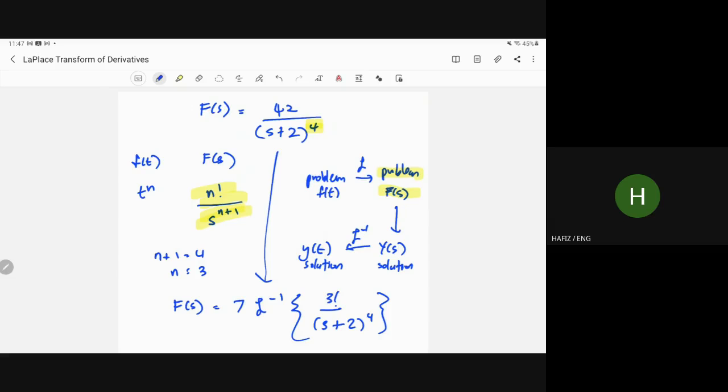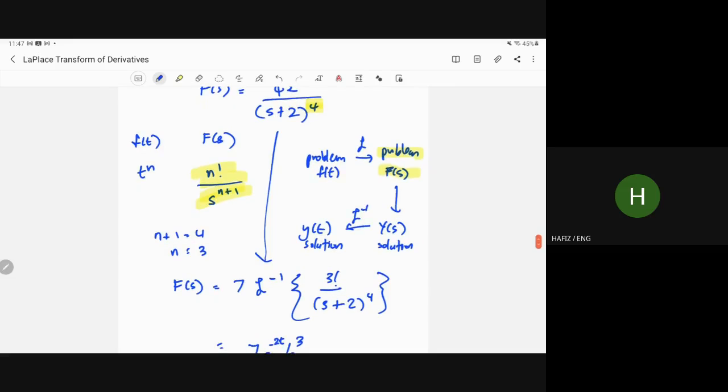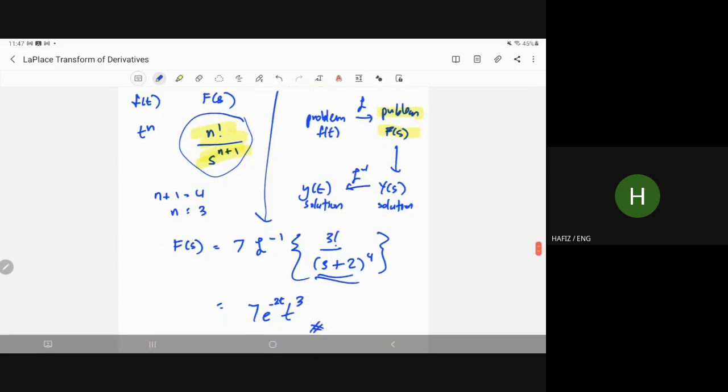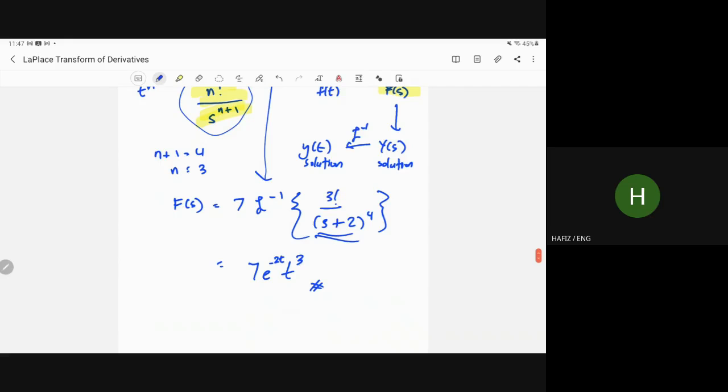Because we need n to be 3. 3 factorial is 6, so we bring out the 7. Then you can directly do the inverse Laplace using this value, but you must also see that this is not ordinary s, this is s plus 2, which means there is a shift of 2. That's why the final answer is t cubed with a shift of e to the minus 2t and also multiplied by the 7 that you brought outside just now.